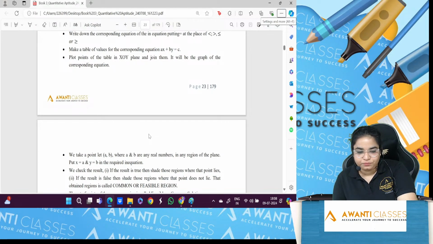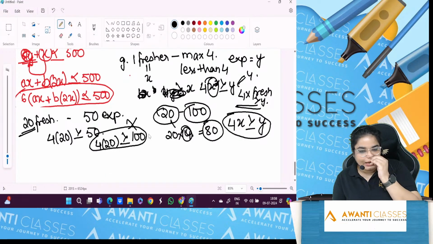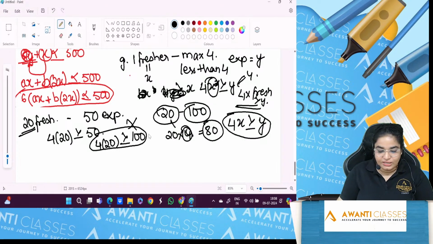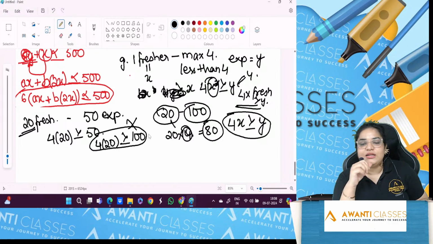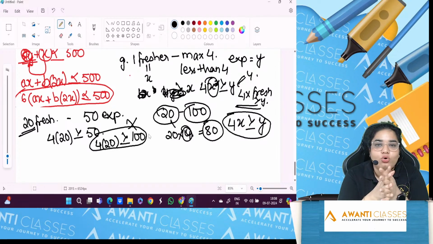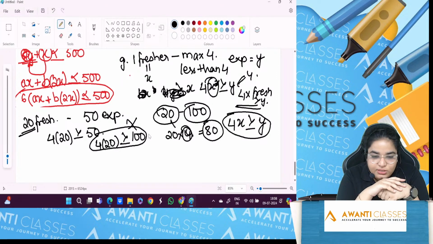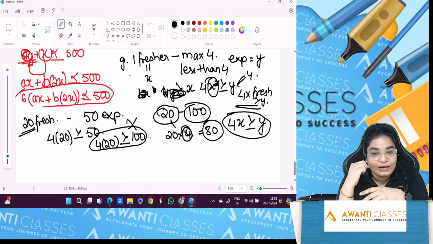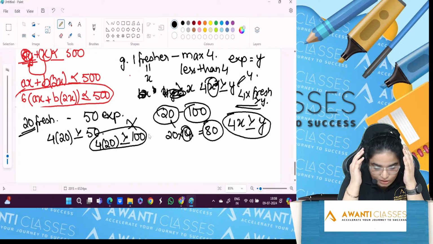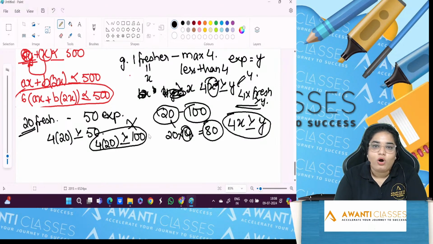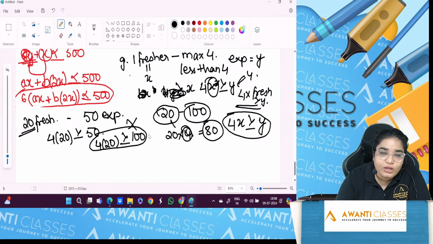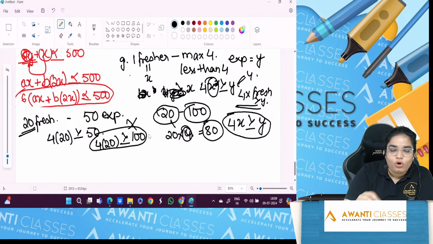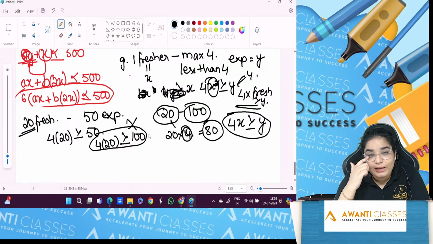So we have seen what an inequality is. Whenever you find something that is not an equation, when there is no equal to sign in the middle, but instead they have equal to, more than equal to, less than equal to, more than, less than, these are called inequalities. Now when you plot a linear equation on a graph, whatever points are on the line will be solutions to your linear equation with two variables.